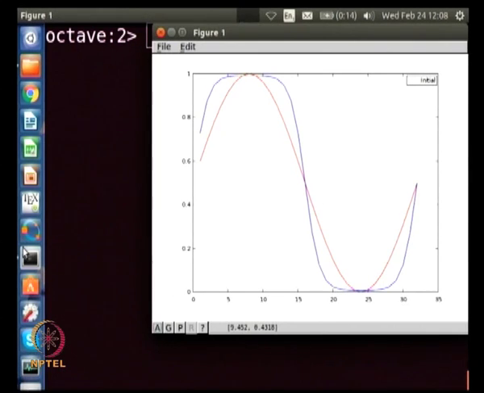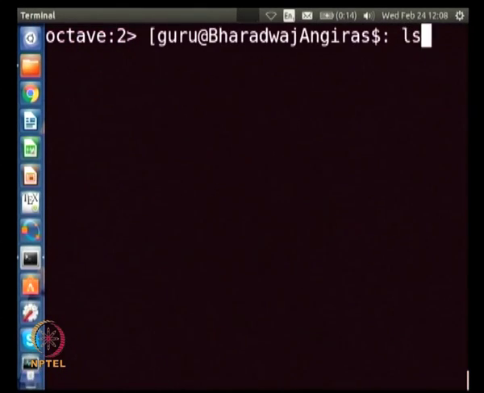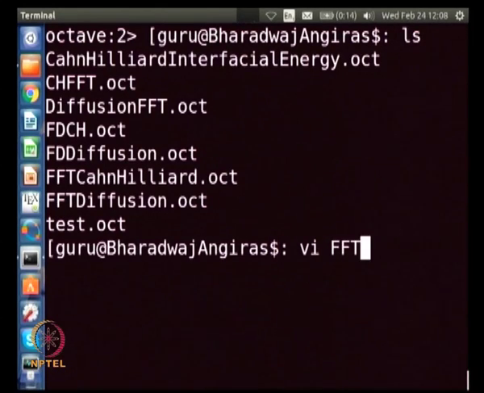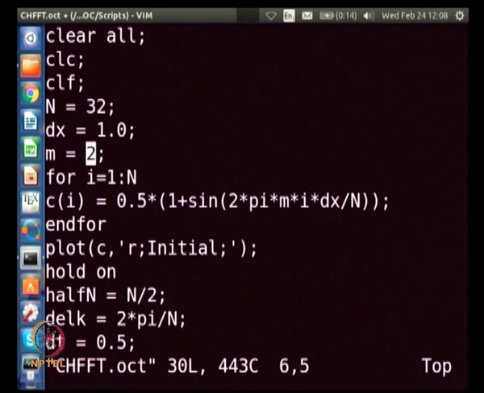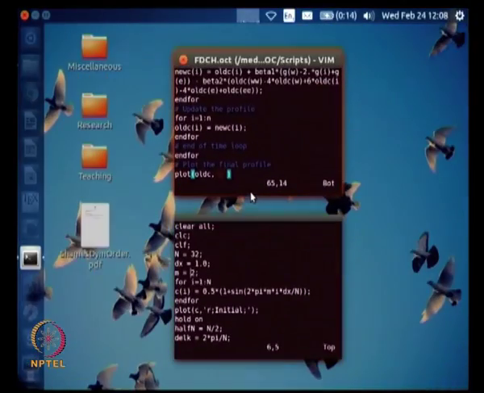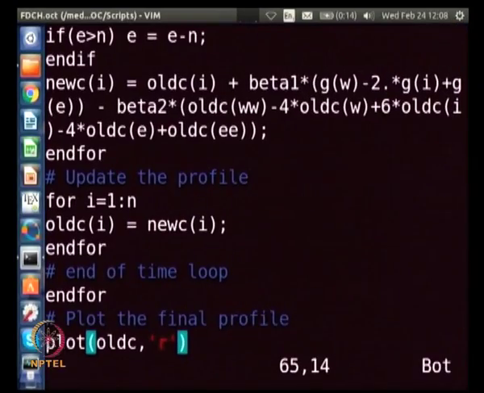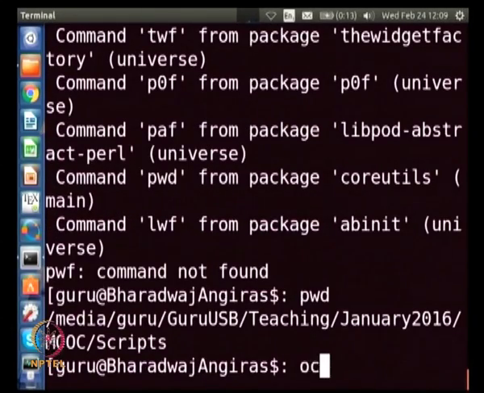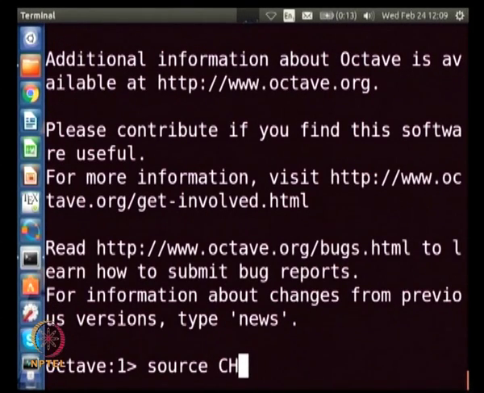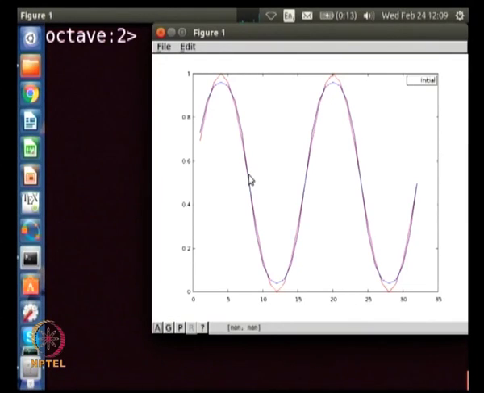To show you that, I would like to change the number of wavelengths. So, let us try to do that. Cahn-Hilliard FFT dot. So, let us make m equal to 2 and let us see what happens. Okay. So, the initial profile has two waves, and you can see that the final profile is actually going towards, like in the case of diffusion, right.